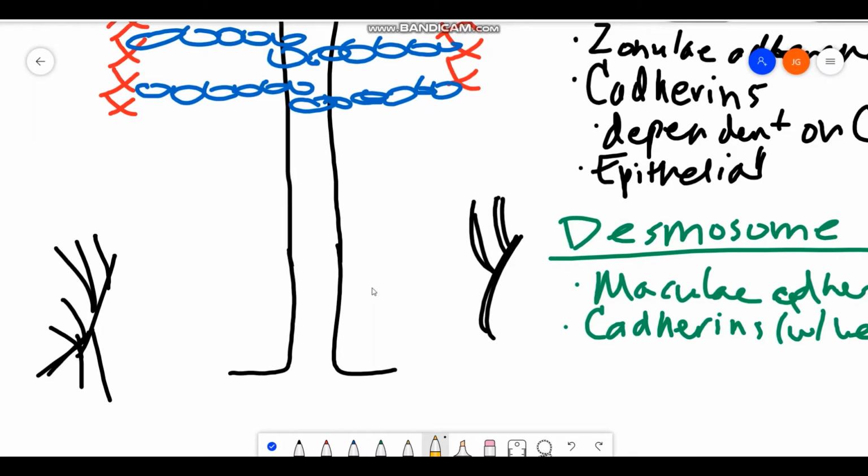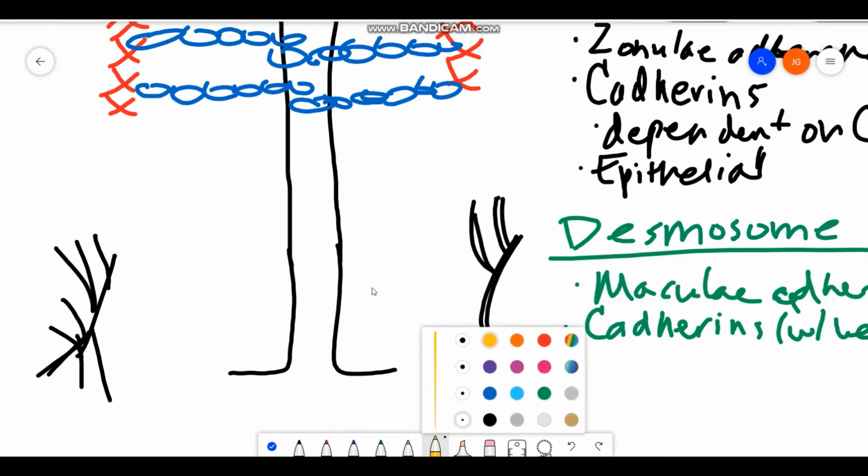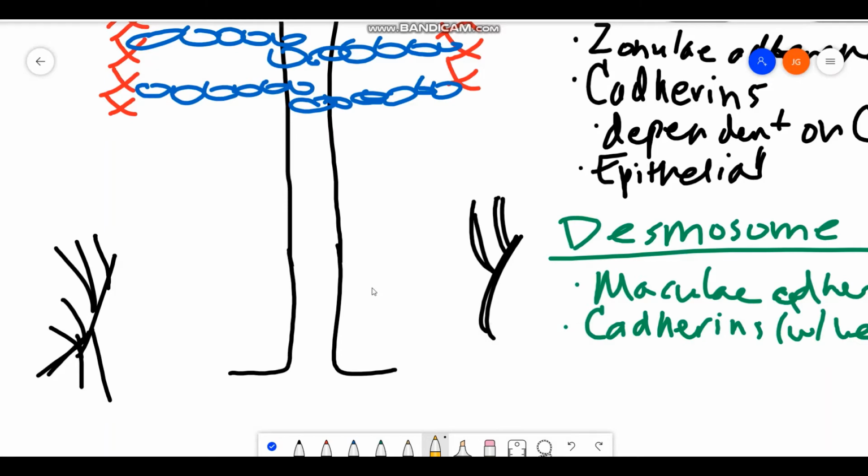Let me just use orange. You're going to have these strange bone-shaped proteins almost binding on both sides, called desmoplakin. I don't know if you're going to need to know that, but maybe good to know if you're interested in cell biology.